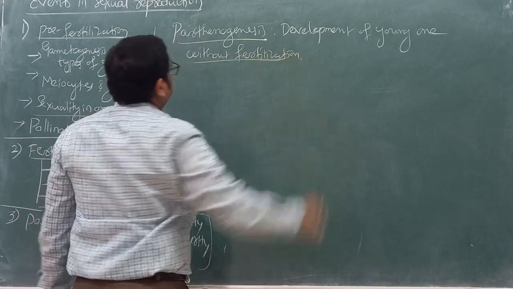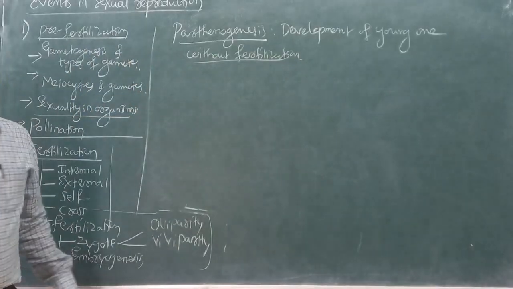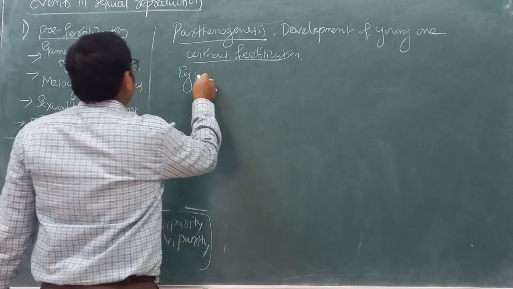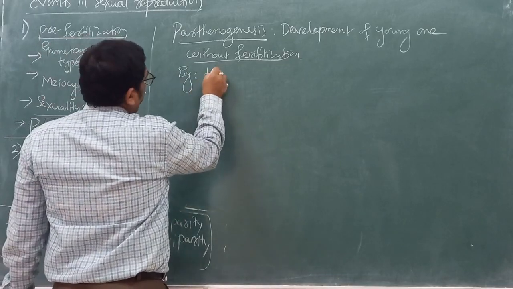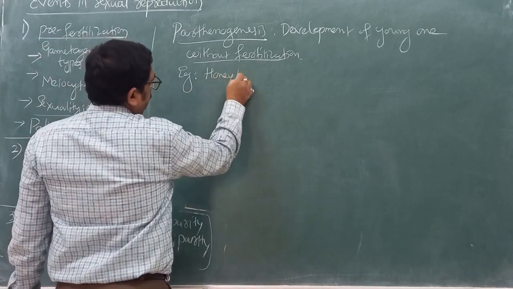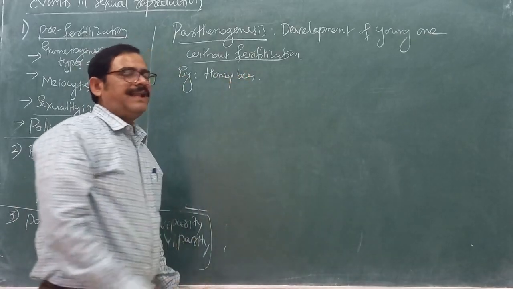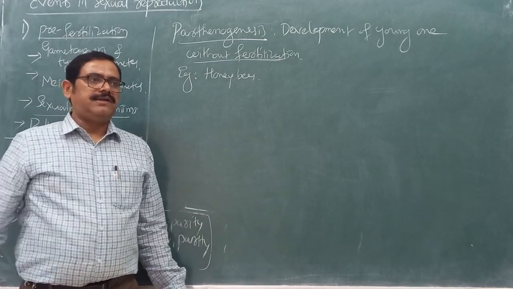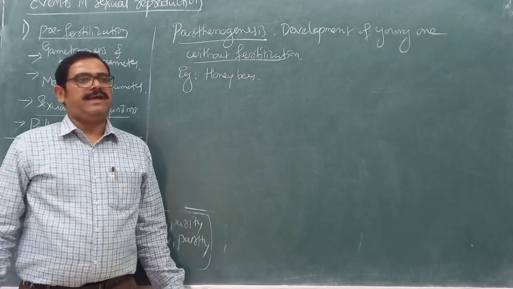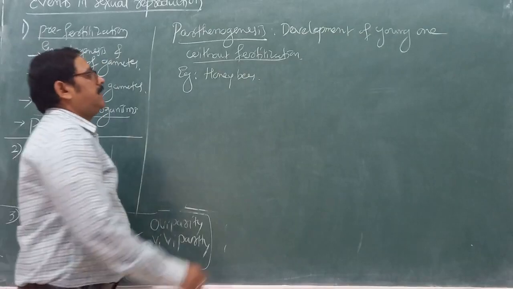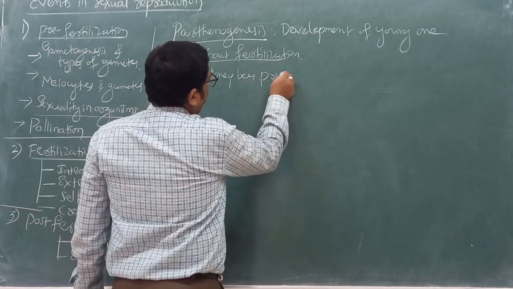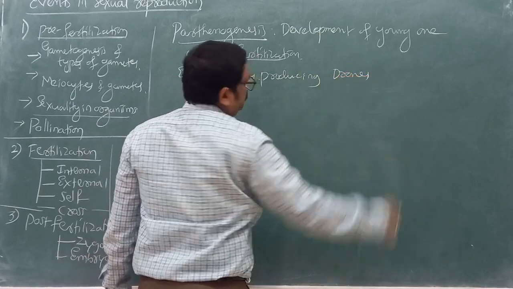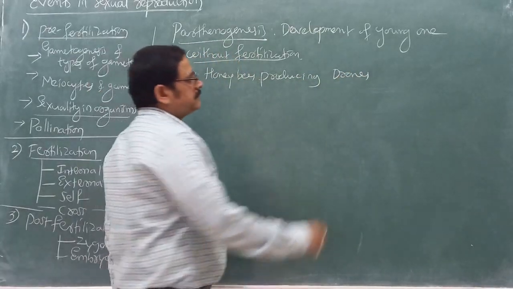What are the organisms known to exhibit parthenogenesis? Example, let me tell you. There are certain, mainly the honeybees. Okay, without fertilization, the individual is born, that is a haploid male. Okay, so that is mainly the honeybee producing drones, or the males which are haploid.